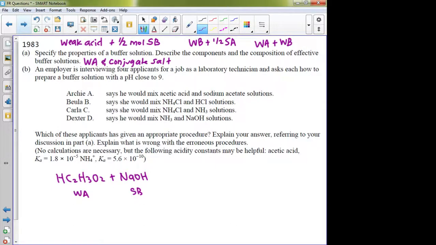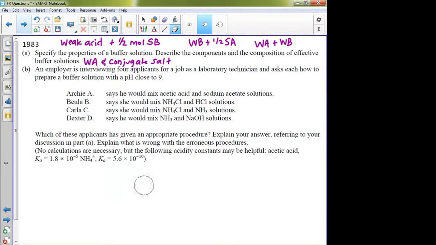Did it resist a change in pH for a while? If you looked at Hope's graph, you would believe it. It resisted a change in pH for a while before it spiked. So was this a good buffer? Yes. And it consisted of a weak acid plus a strong base. We're good?